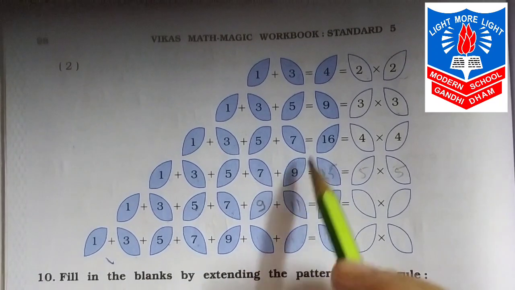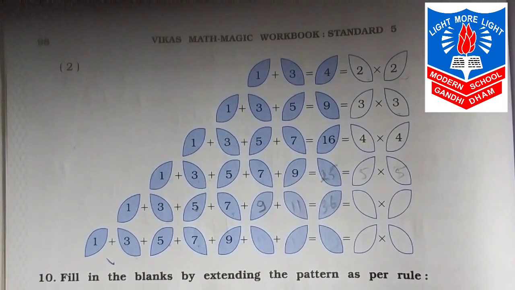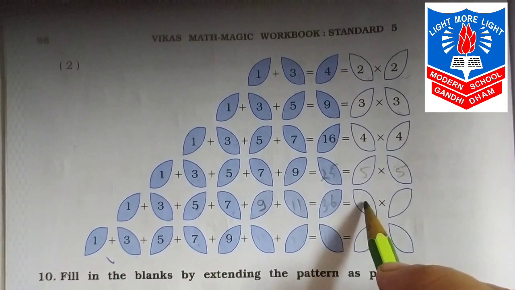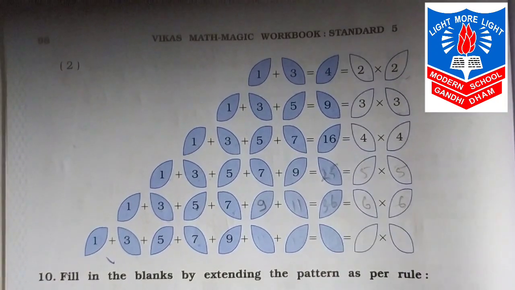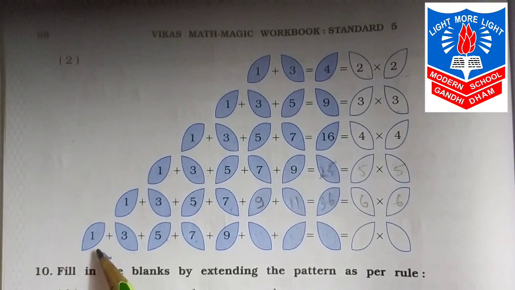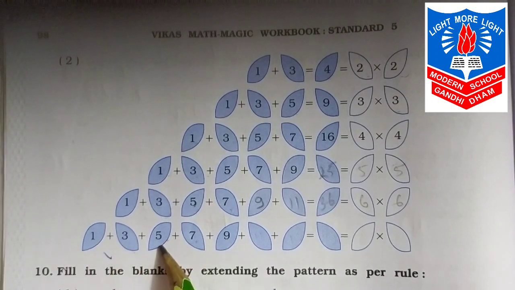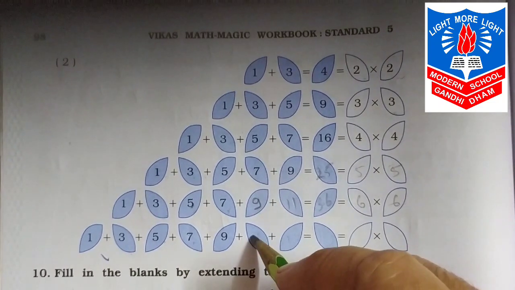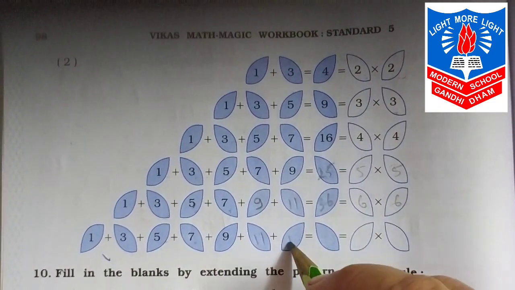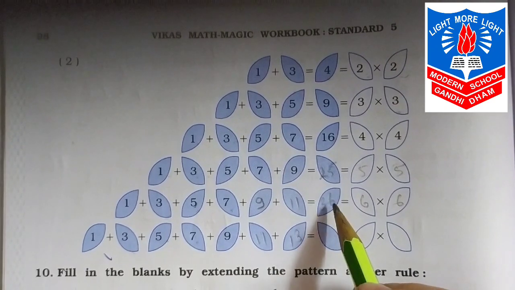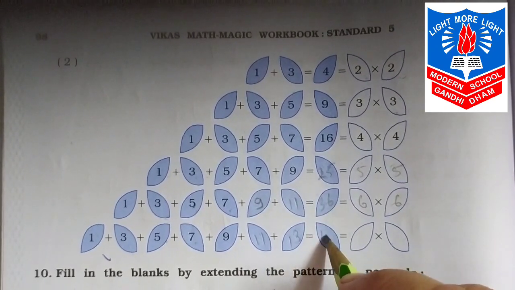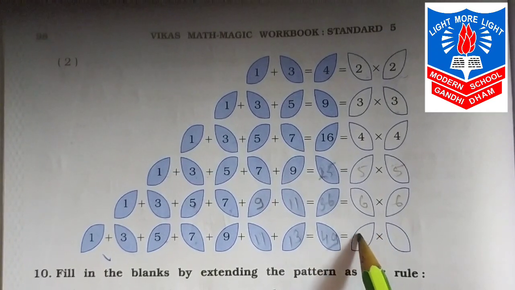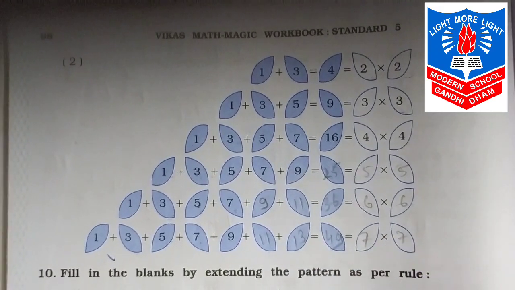Here you see you have to add odd numbers. 36 is the square of 6, 6 6s are 36. Here you see 1 plus 3 plus 5 plus 7 plus 9 then 11 then 13, then here you see 49. 49 is the square of 7. So 7 7s are 49.